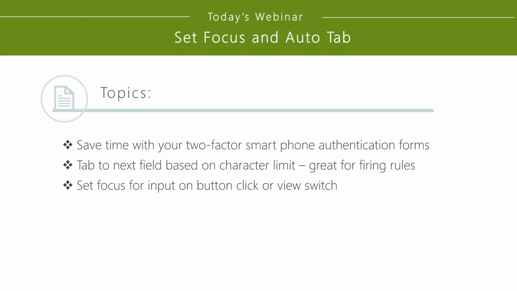So a bit of a pain point there was that when the form opens, ideally you want the cursor to just go right to that box so they can enter the code right away, not have to click or tap it. Another thing is the character limit: it's nice if they can just enter the code, it's a fixed number of characters, and then just have it do the check right there rather than having them, again, click something.